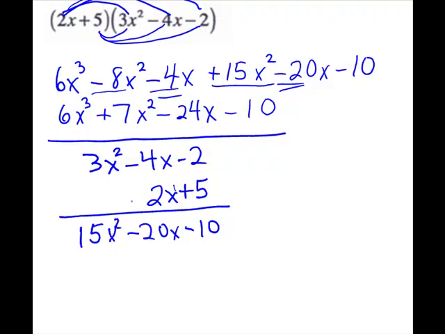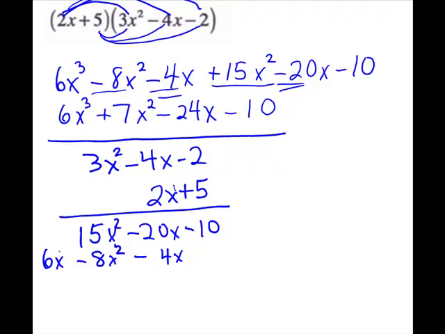And now we switch and take 2x times everything on top. So 2x times a negative 2 will be a negative 4x. When we write it down, we put it in the like column. So put it in the x column. 2x times negative 4x will be negative 8x squared. Put it in the x squared column. And 2x times 3x squared will give you 6x cubed.